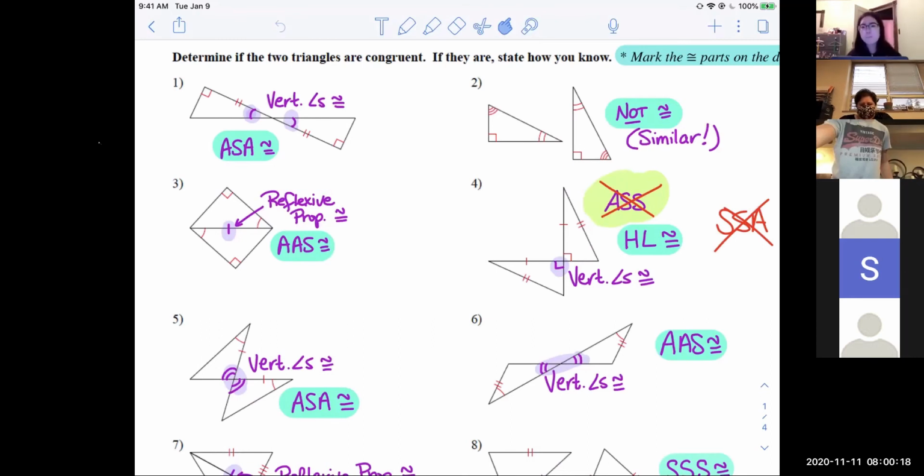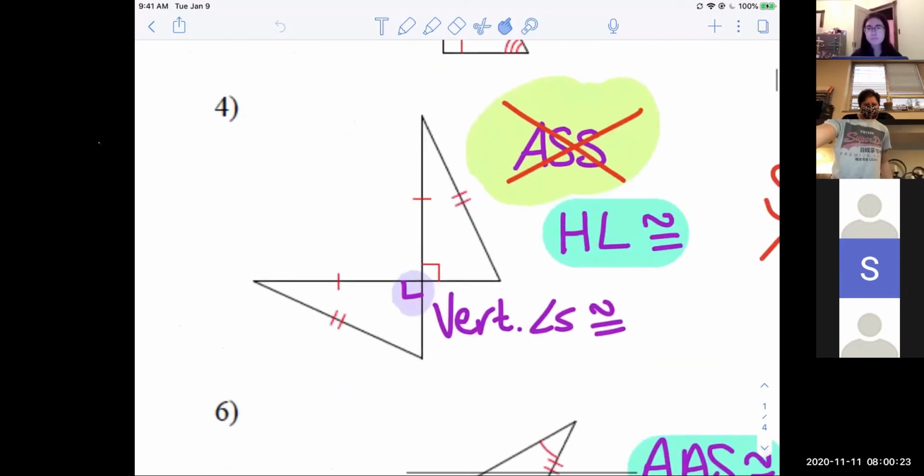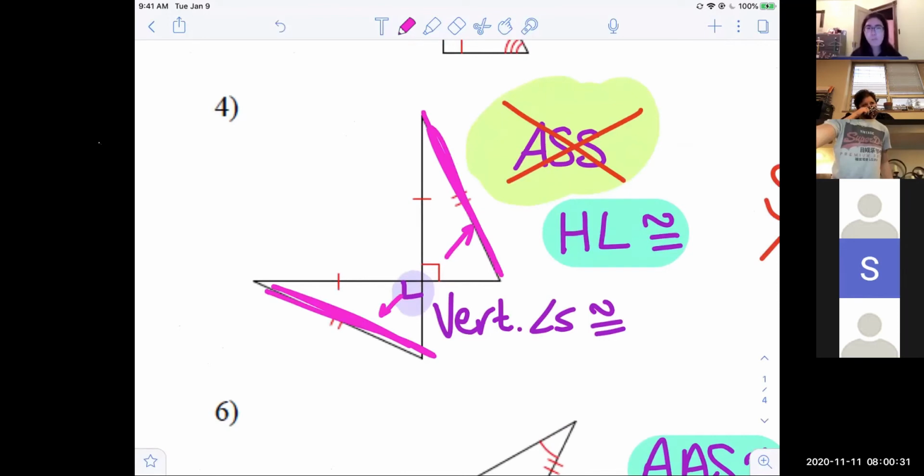So remember that they have to be right triangles. It's the only kind of triangle that has a hypotenuse. And then you have to know the hypotenuses, which are across from the right angles, right? You have to know that the hypotenuses are congruent, and then another pair of sides in the right triangles are congruent in order to use HL. So angle side side in general does not work. Specifically for right triangles, it works, but you don't call it angle side side, you call it HL.